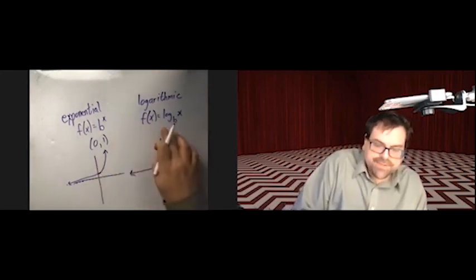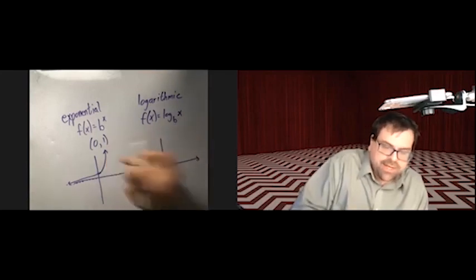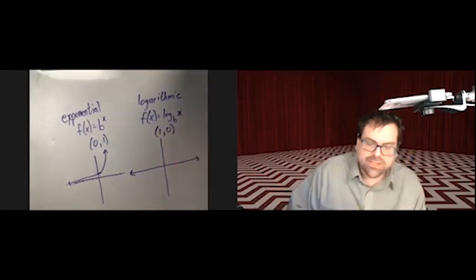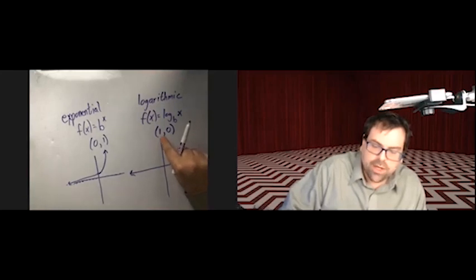These are inverses. So since the point 0, 1 is always on exponential, the point 1, 0 is always on log. That means that the log of 1 is always 0.